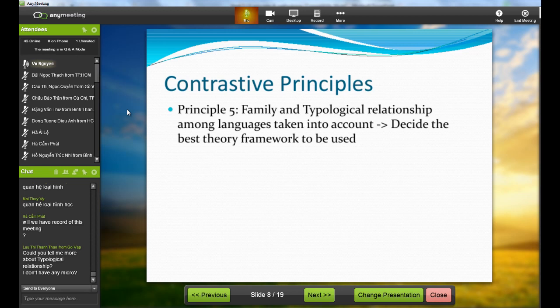But as a rule of thumb, if you want to compare vocabularies and grammar between language pairs, then the family relationship and the typological relationship of the two languages is a very good place to start.